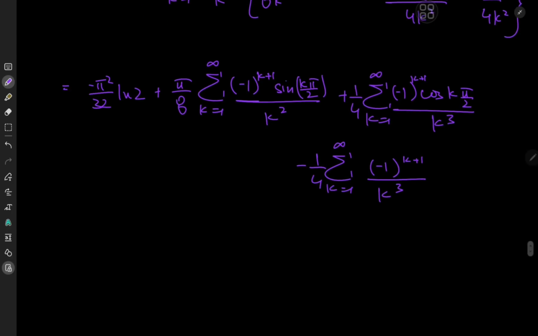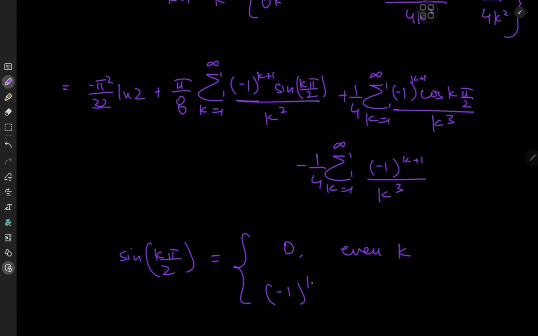Now, these k pi by 2 terms are pretty interesting for both the sine and the cosine functions. If we take a look at the sine function, sine of k pi by 2 is 0 whenever we have an even value of k. And for k equal to 1, we have sine pi by 2, which is 1.